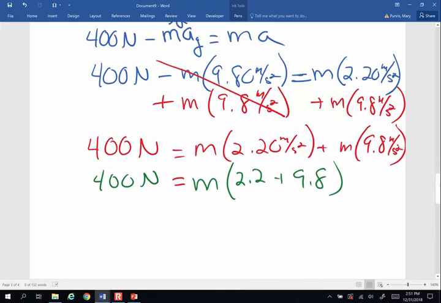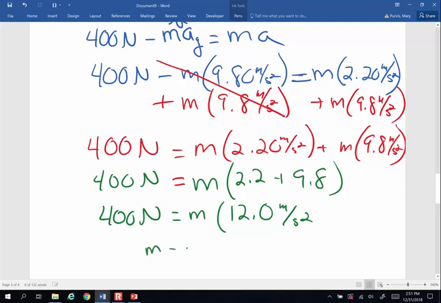Now if I add 2.2 and 9.8 together, I get 12.1. I'm going to double check with my calculator because I don't want to lie to you. 2.2 plus 9.8, 2.2 is 12. So this is going to be mass times 12.0 meters per second squared is 400 newtons.